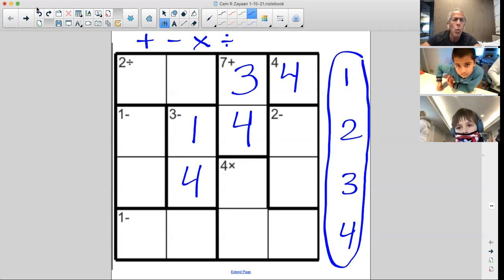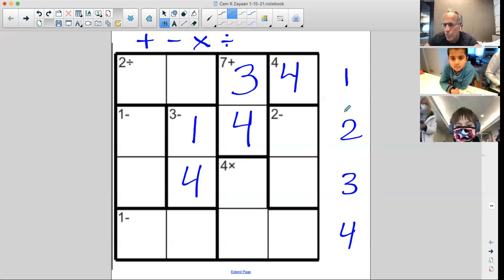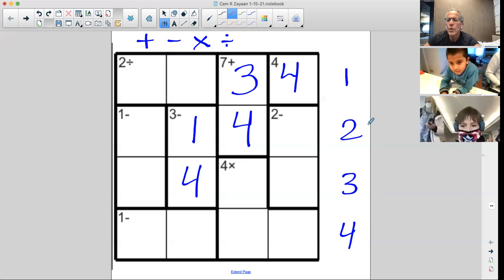Zayaan, can you give me 2 numbers here that have a difference of 2? I don't get it.